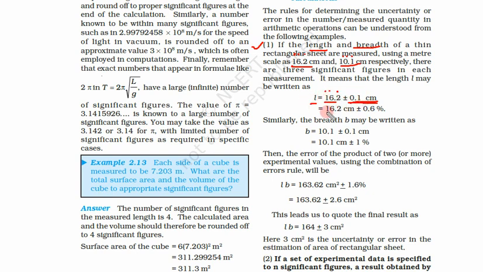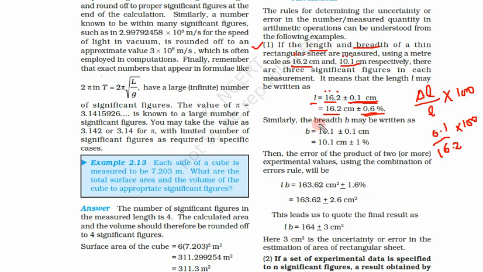Now when we calculate this error, what was the way of calculating error? Any quantity, the error is delta L upon L into 100. This is percentage error. So to calculate percentage error, 0.1 upon 16.2 and into 100. So what do we get? We get an error of 0.6%.